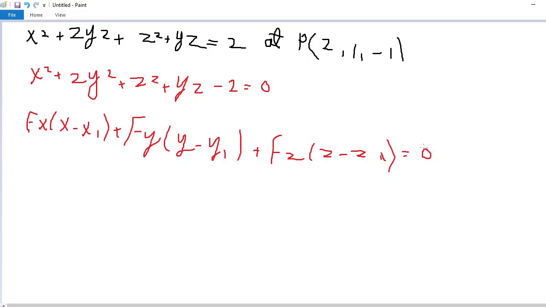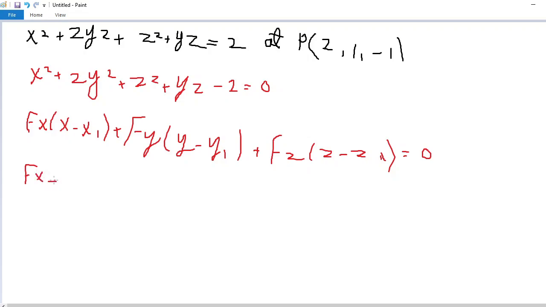So from this step, we need to find the partial derivatives from the original equation with respect to x, y, and z. Let's start with the partial derivative with respect to x first.